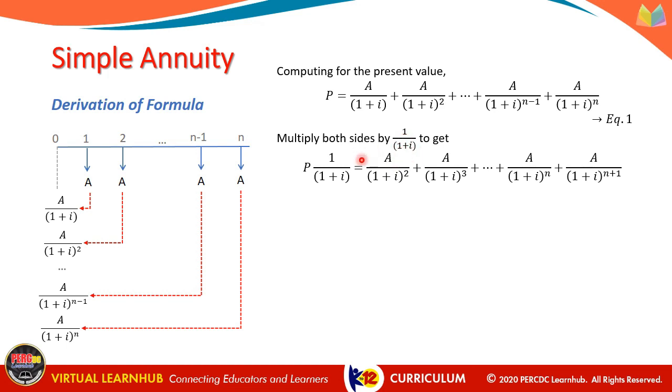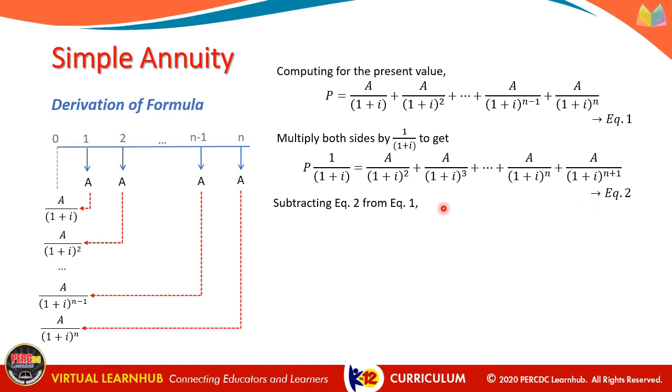That will become A over (1 plus i) squared until this A over (1 plus i) raised to n multiplied by 1 over 1 plus i becomes A over (1 plus i) raised to n plus 1. We can call this equation number 2.